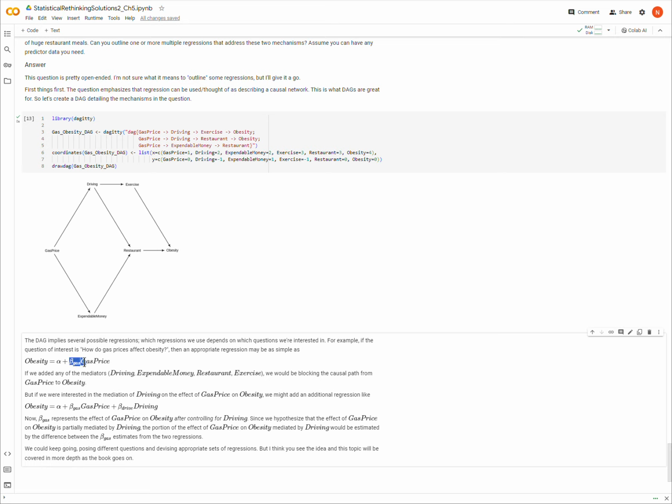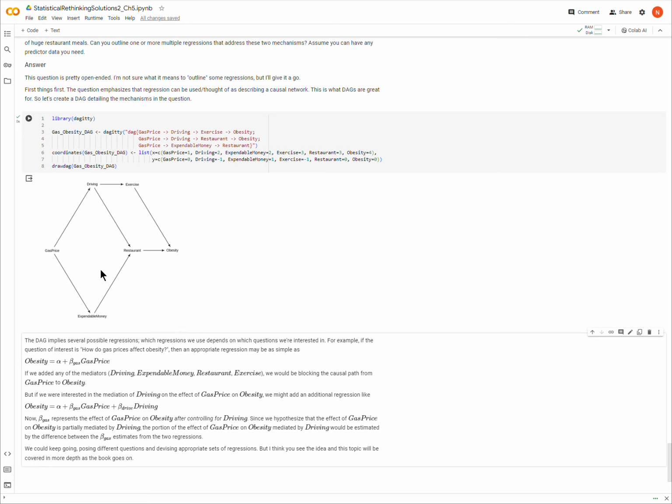And now here, the beta gas coefficient would represent the extent to which gas prices were affecting obesity. And that beta coefficient would represent all of the arrows, all of the paths that go from gas price to obesity. It would represent this one, and this one, and this one. All right, and that's fine.